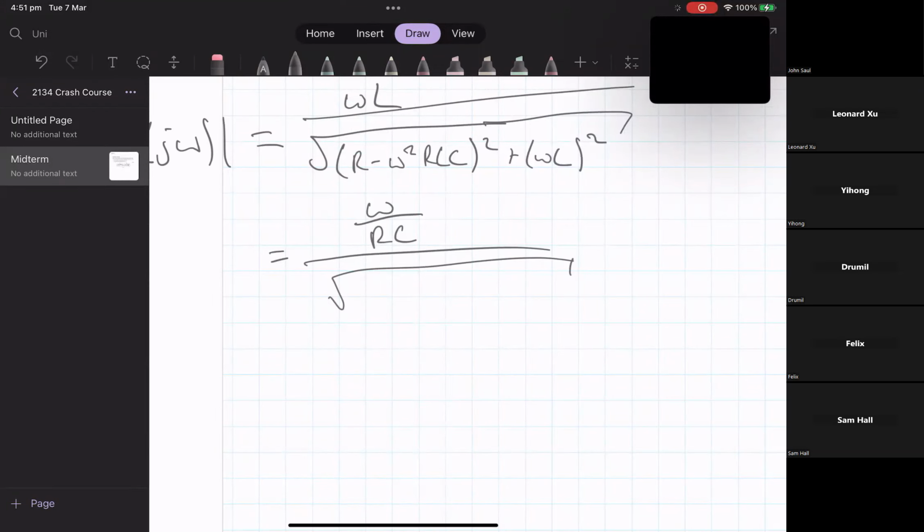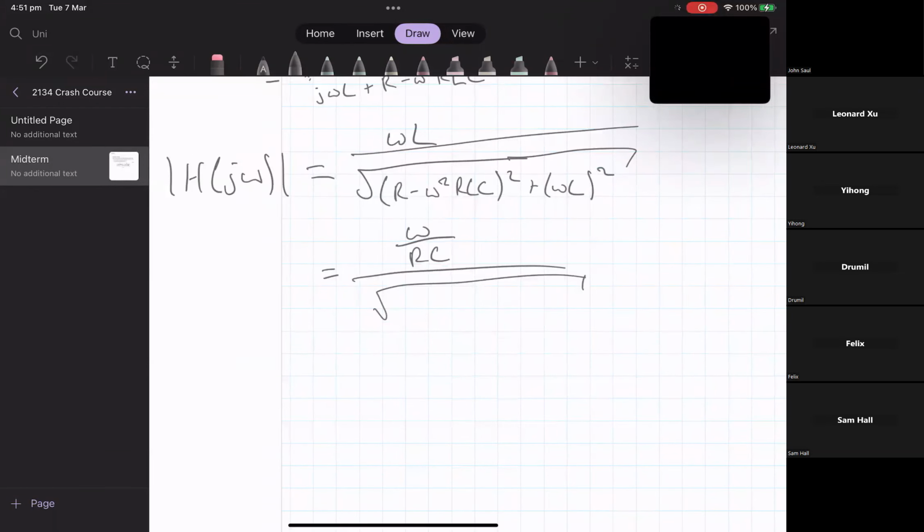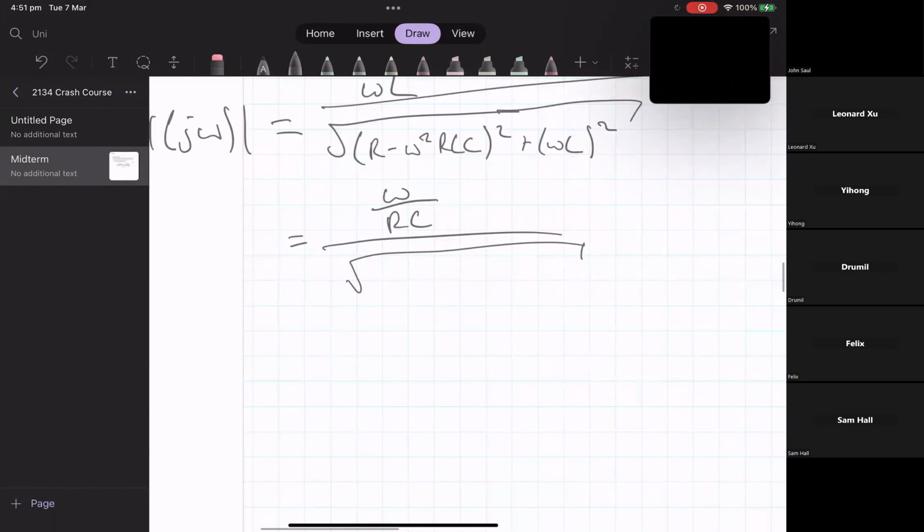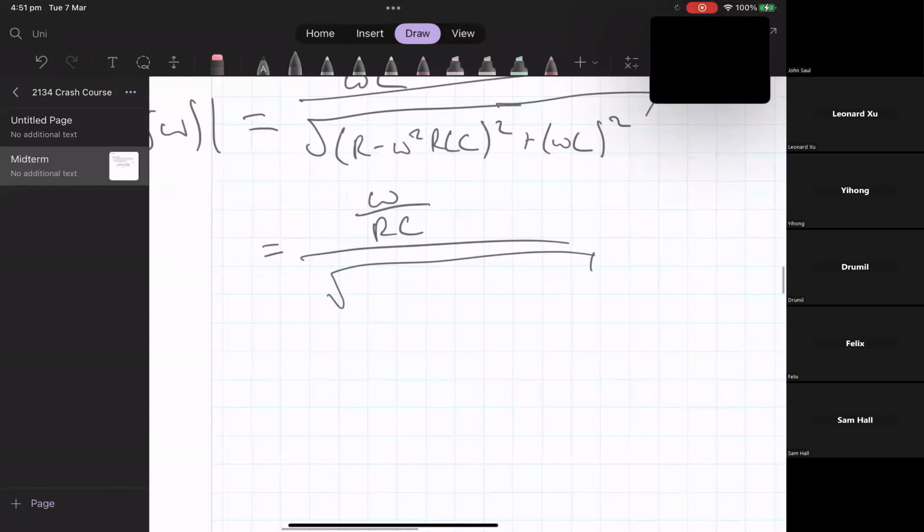And then so if we divide by RLC here, it's dividing by RLC squared. And that is in the form they wanted in the question.